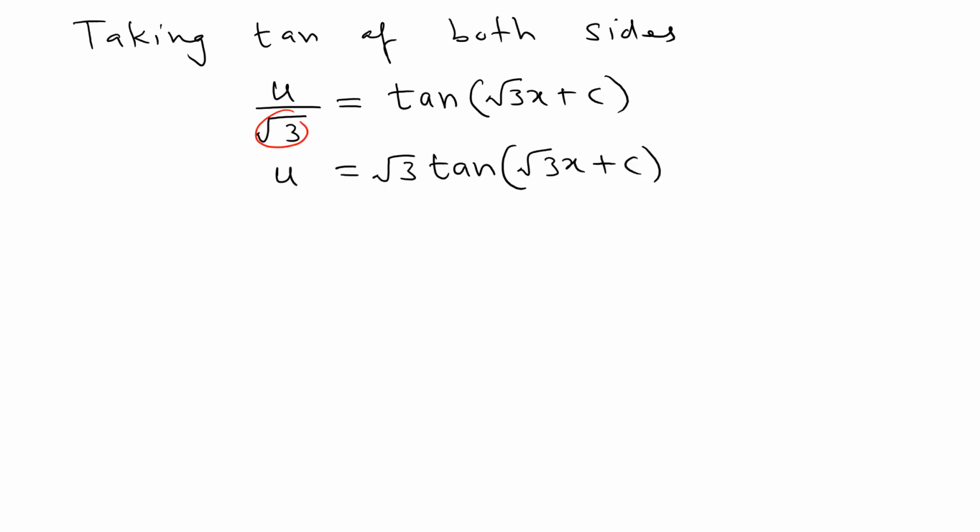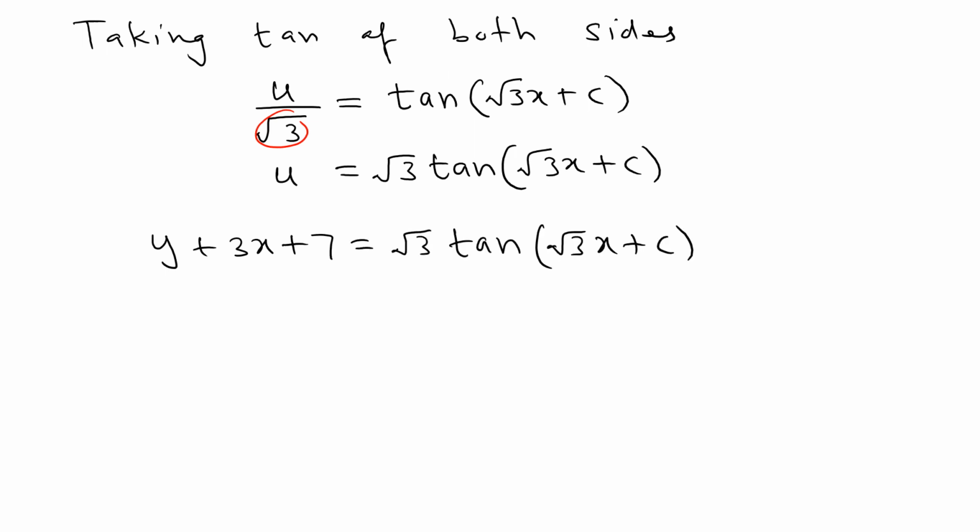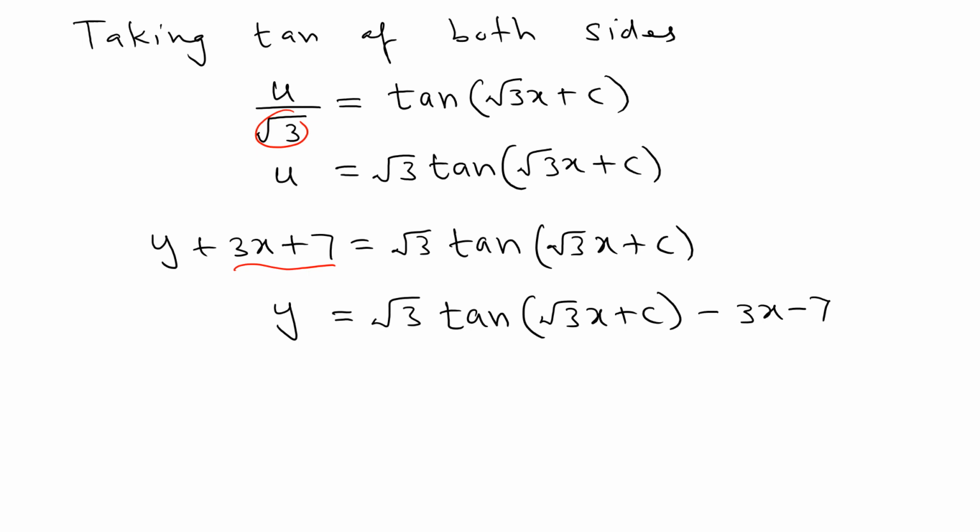And next, we can substitute for u, because we know that u equals y plus 3x plus 7, which equals the tan term. Next, we can isolate y, so we move the 3x plus 7 to the other side. So this is the explicit solution for this problem. Here you can see that we use the special form, the tan inverse form. Okay, now let's look at another one, that is the other form.